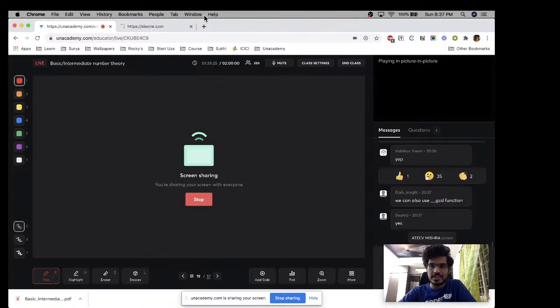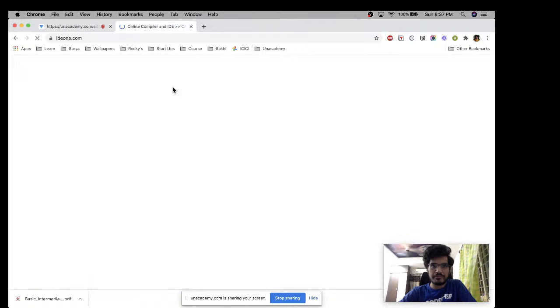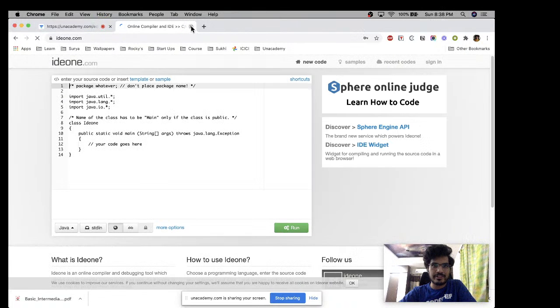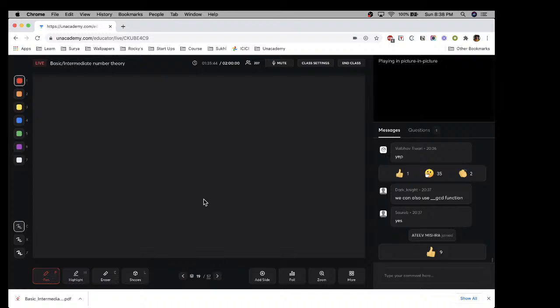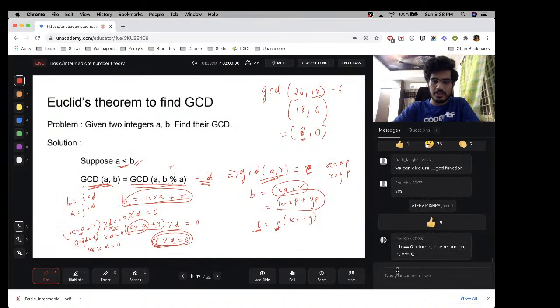Dark Knight, yes, you can use the inbuilt GCD function. Sure. My laptop is hanging if I am using more than one tab. Sorry, guys. I'll try to type it out here.